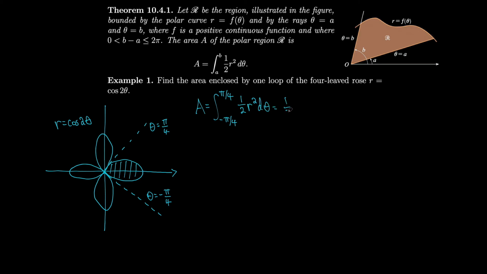So that's half of the integral from minus pi over 4 to pi over 4 of cosine squared 2 theta, because r is just cosine 2 theta. So then we integrate from 0 to pi over 4 because it'll be a little bit easier, right? All we have to do is double our integral. It's symmetrical. So I go from 0 to pi over 4, I double that, and then I get the whole thing. Doubling it cancels out my half, and I have an easier integral to work with.